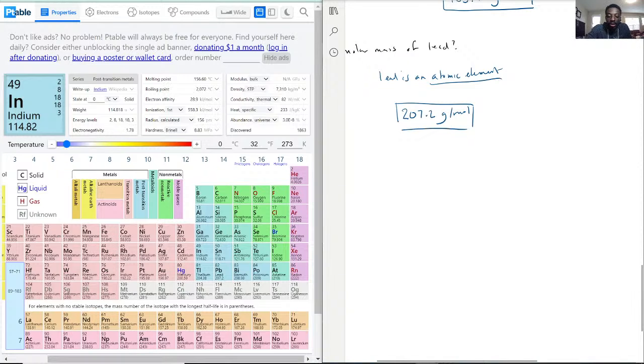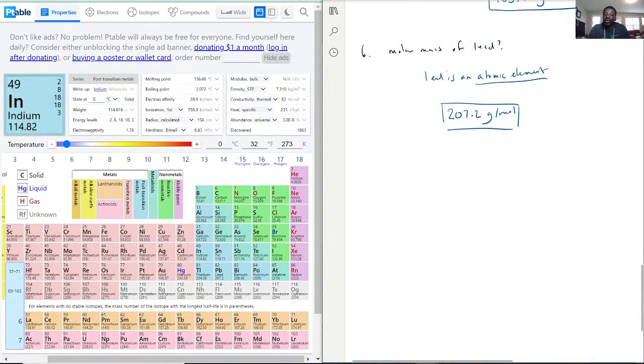Okay, just something you always have to look out for, because exactly, you don't want to get too comfortable, because they could ask something like, what is the molar mass of chlorine, for example? That one shows up as Cl2. You don't want to just get to the atomic mass unit really quickly, because you have to recognize that chlorine is a molecular element, meaning that because of the 2, you have to double whatever is on the periodic table to get the actual molar mass of chlorine gas.